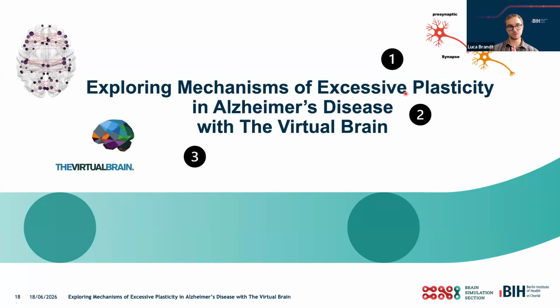And now we will look into the functional network changes and try to relate them to the pathology seen in Alzheimer's disease. And then we want to stimulate distinct regions to see if it alters the trajectory of plasticity and also apply neuromodulation.